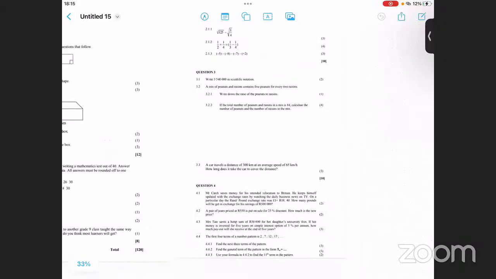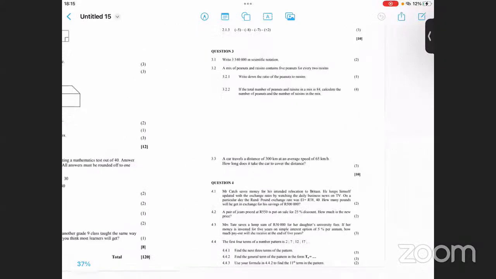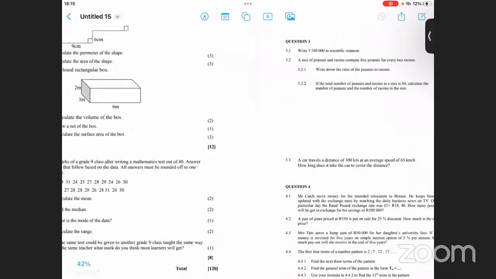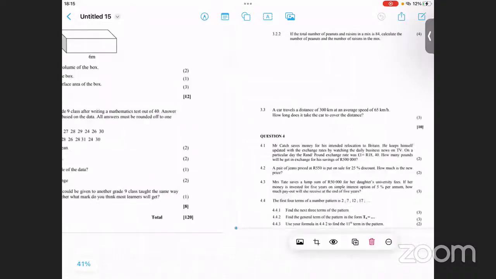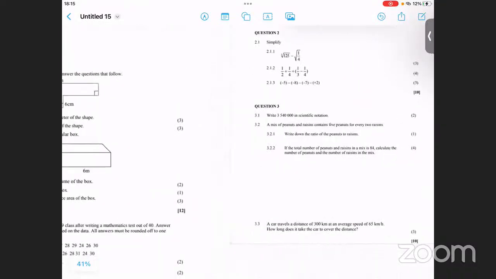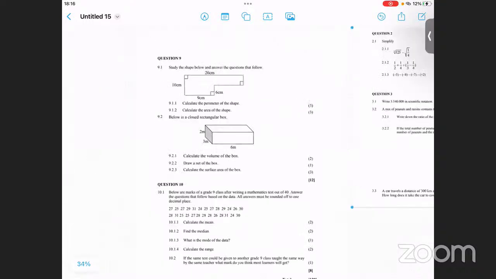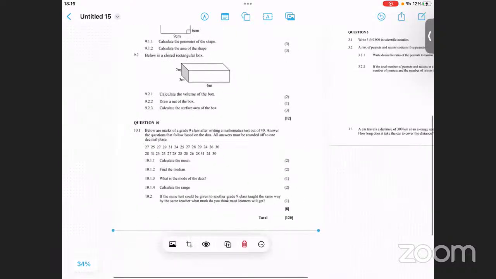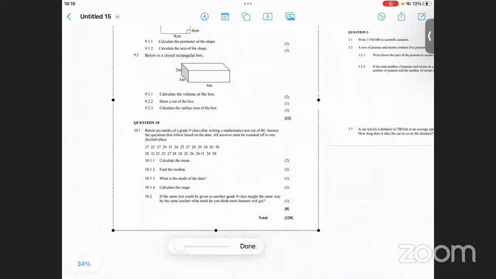Remember that on Tuesday we did question 4. Yes, we did question 4 and question 10, right? We did 4 and 10 done. I'm just gonna crop the other ones out. Yes, we did this one.